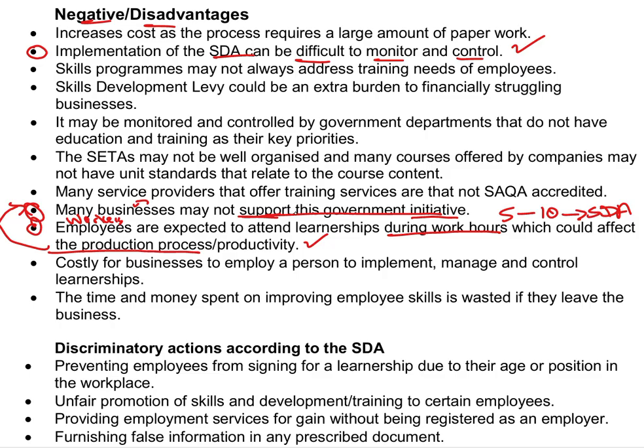Many businesses may not support this government initiative because during work hours, they want them at the training. You see, that's why we have this disadvantage. So employees are expected to attend learnership during working hours, which could affect the production process or productivity. This one is clear.